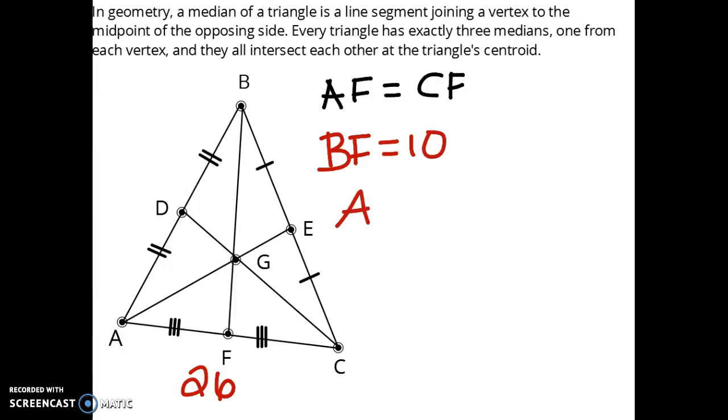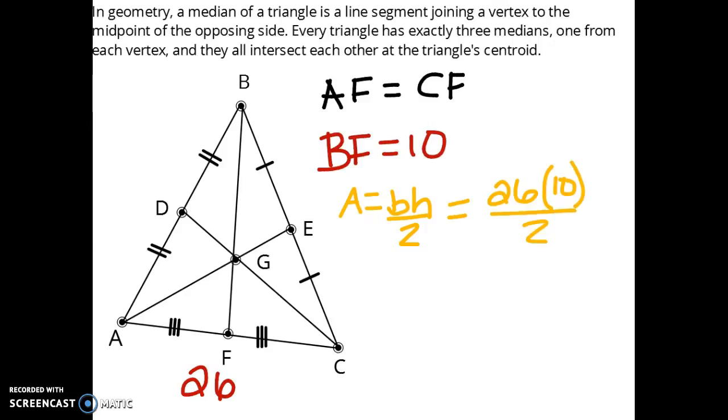Area of a triangle is defined as base times height divided by 2. So the base of that triangle is 26. The height is 10, divided by 2. 260 divided by 2 is 130. So the area of that triangle is 130.